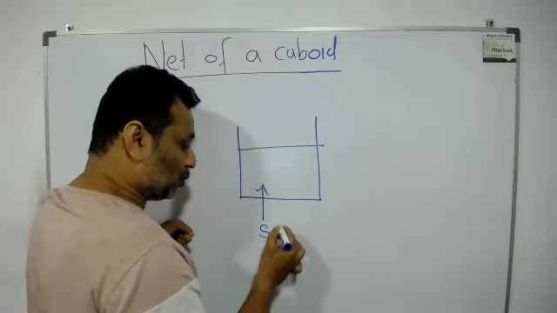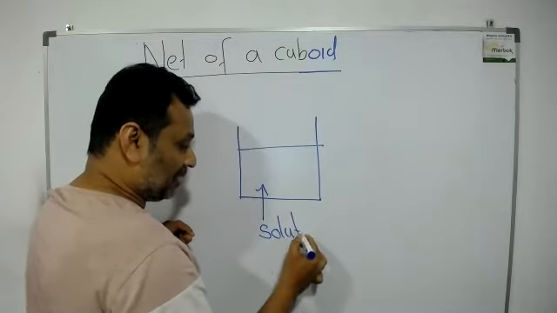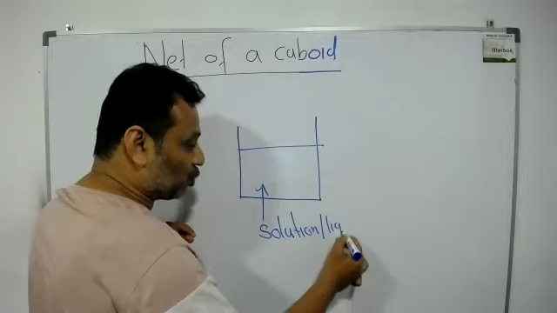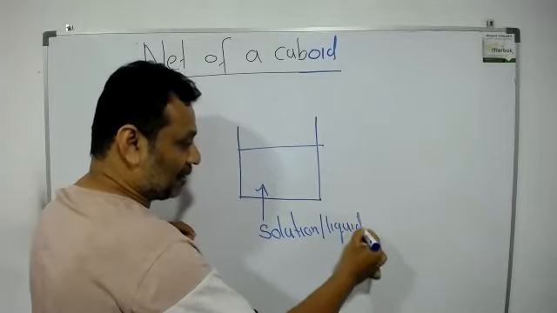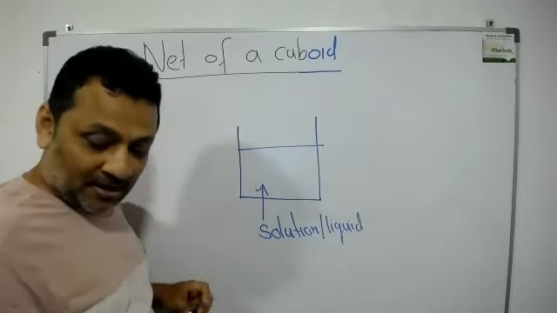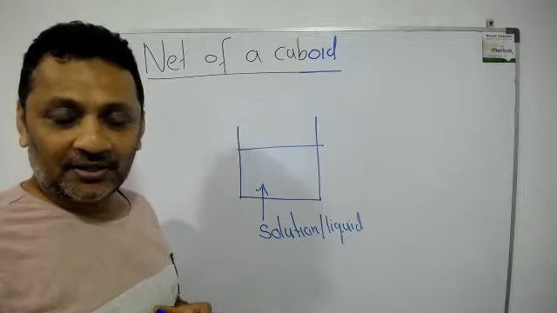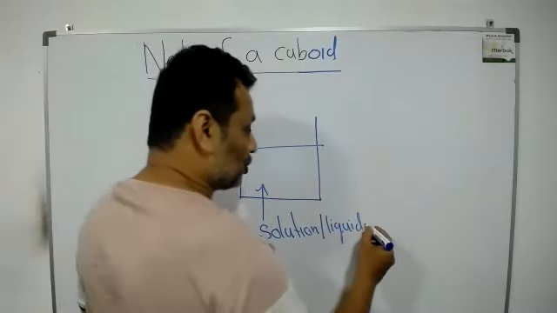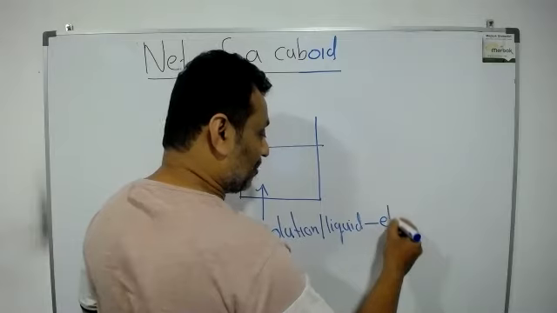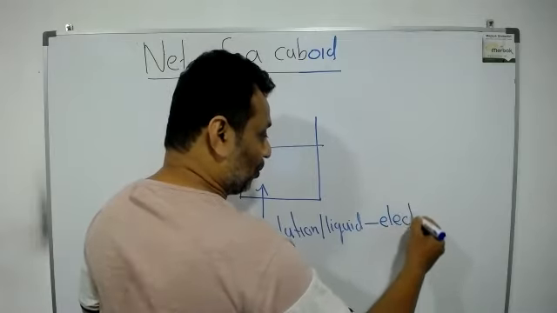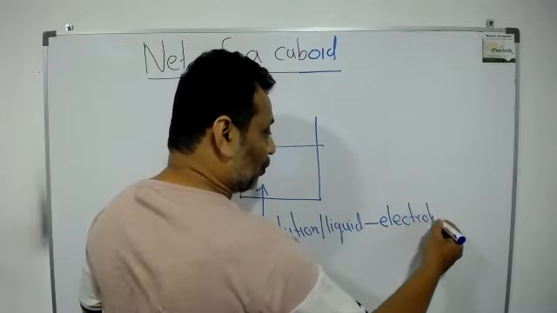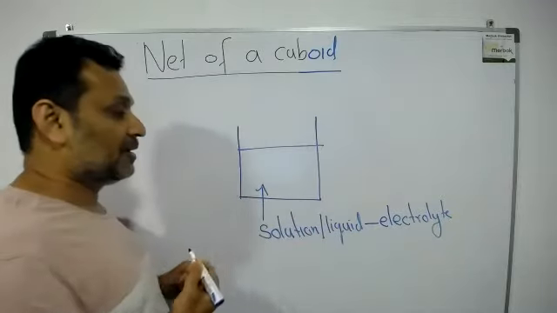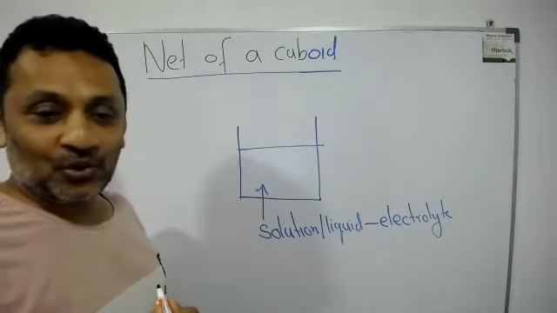Keep in mind, it can be a solution or it can be a liquid. There are two choices. And this solution or liquid coming here is called electrolyte. The name given to it is electrolyte.